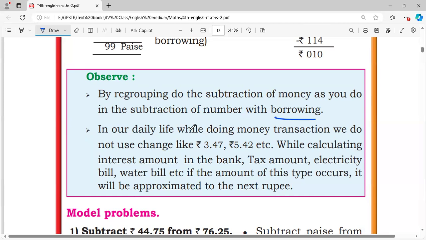In our daily life, while doing money transactions, we do not use change like 3 rupees 47 paise, 5 rupees 42 paise, etc. While calculating interest amount in the bank, tax amount, electricity bill, water bill, etc., if an amount of this type occurs, it will be approximated to the next rupee.